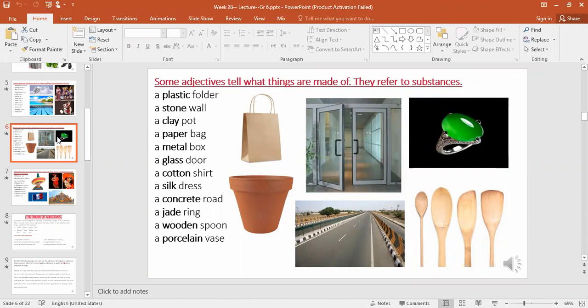We mean that this object is made of plastic, for example. This object is made of glass, gold, silk, and so on. This dress is made of cotton. So the adjectives of substance tell us what things are made of.